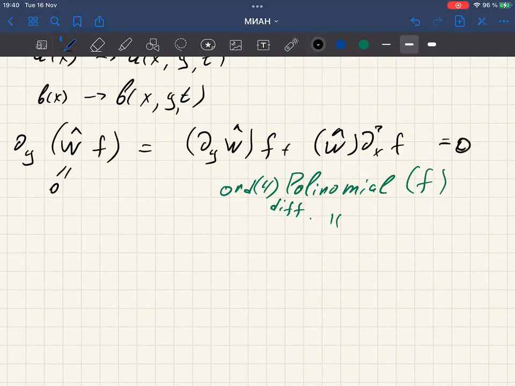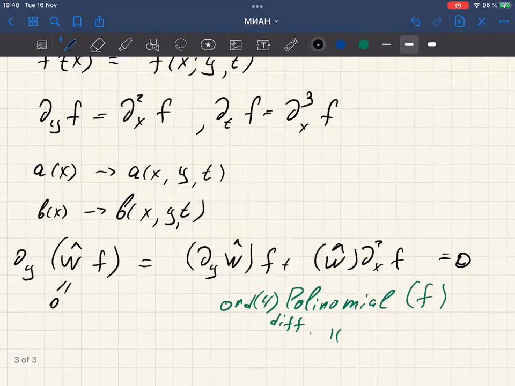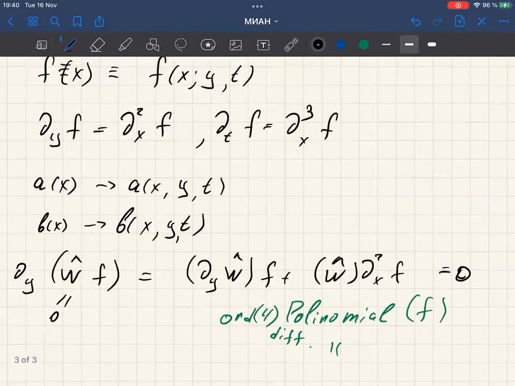So it should be equal to 0 when f equals f1 and f2. I should maybe write it.